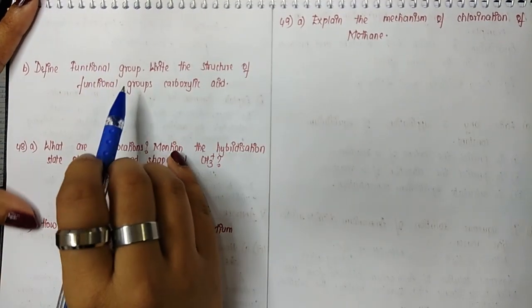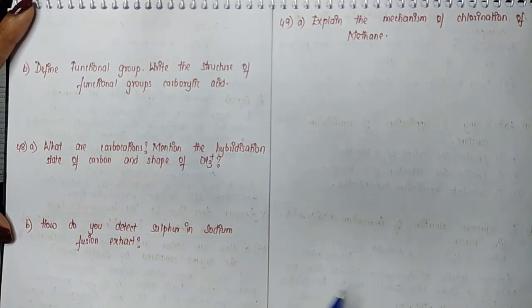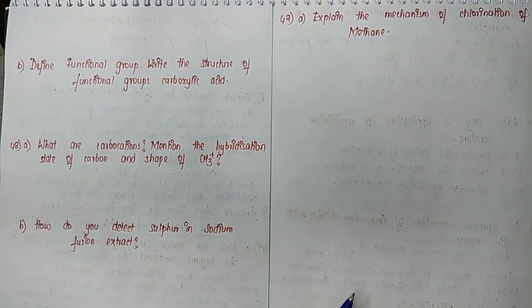Now the same question, B part, is what is a functional group, and write the structure of the functional group carboxylic acid. So first let's write down the definition.